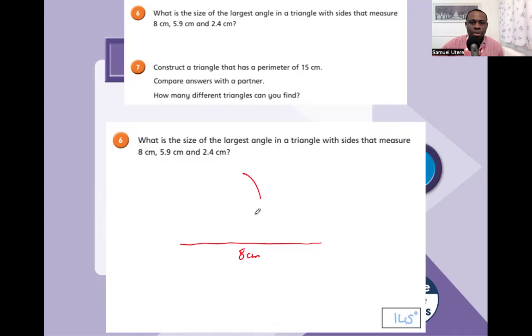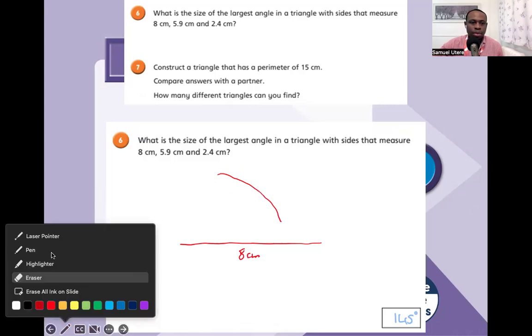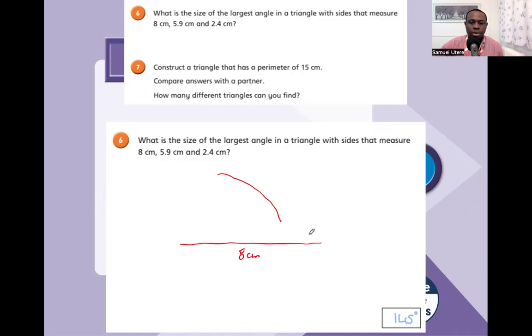It's going to cut somewhere below, because it's a very short length.